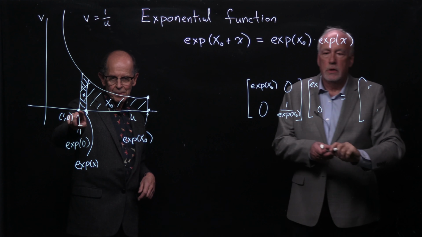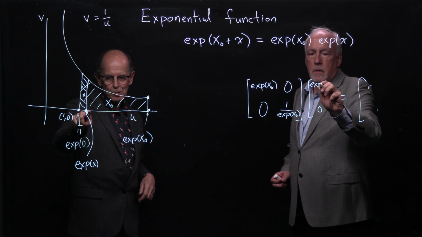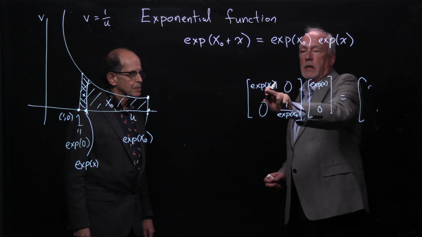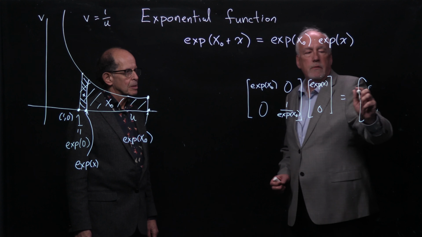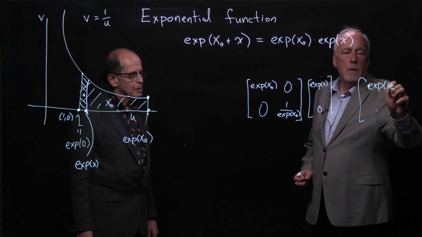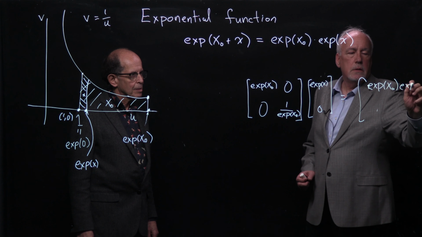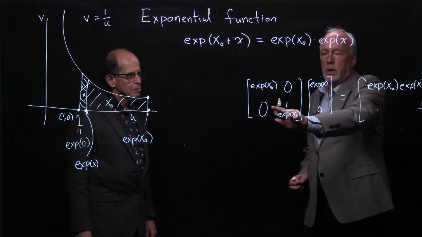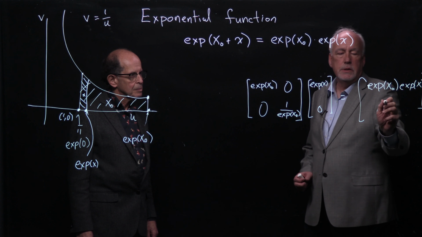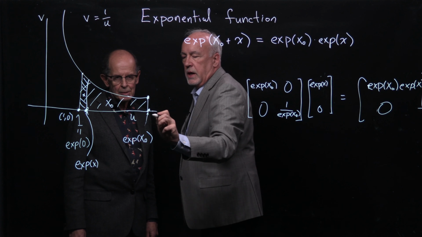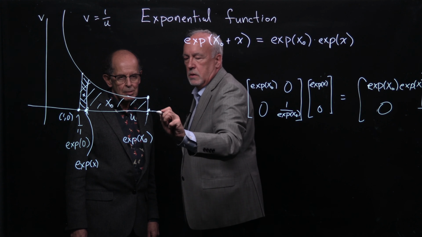Yeah, so I saw that this point goes there, and this point's going to go somewhere else. So I multiply this out, I get exponential of x0, exponential of x. And this, I multiply out 0 times 0 plus 0 times 0. This is 0. So this point gets mapped here.